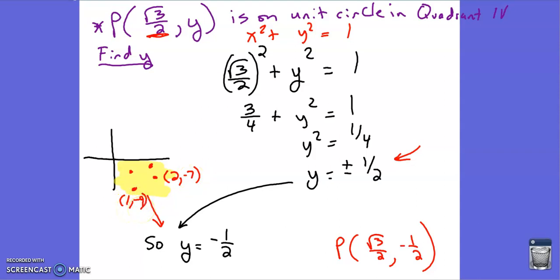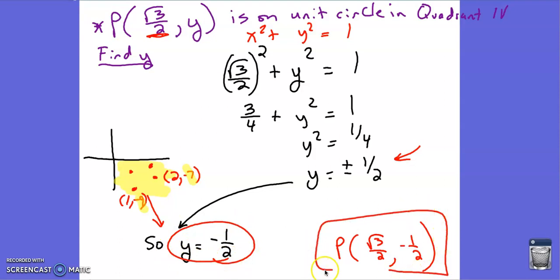Notice everything in quadrant 4, the y part of it is a negative number. So because it's in quadrant 4, y has to be a negative number. So the coordinate of this point is square root of 3 over 2 and then negative 1/2. That is my x and that is my y.